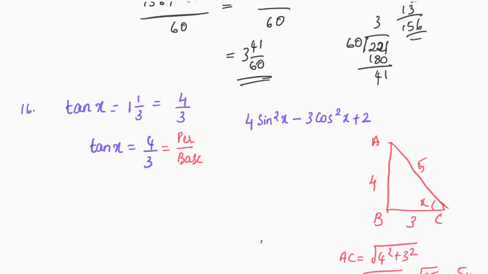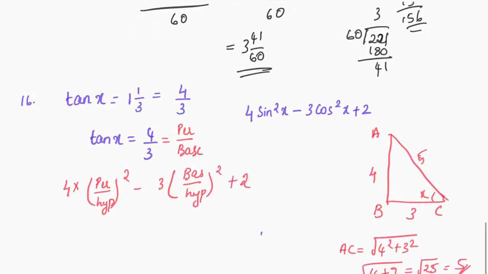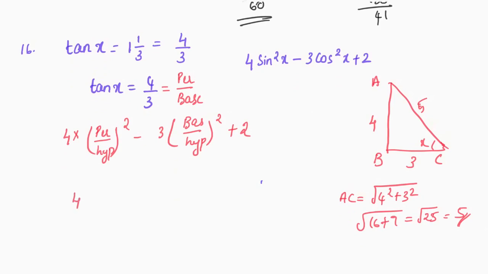Okay. Now you see what we need to find out. 4 sin square x. Sin square x means what is that? Sin square is perpendicular by hypotenuse square, minus 3 times cos square, base by hypotenuse square, plus 2. Now let us substitute the values here. Okay, 4 into perpendicular is 4, so 4 by 5 square, minus 3 into 3 by 5 square, plus 2.